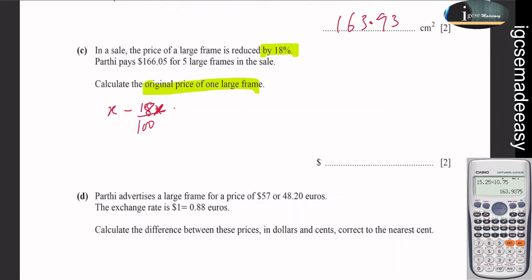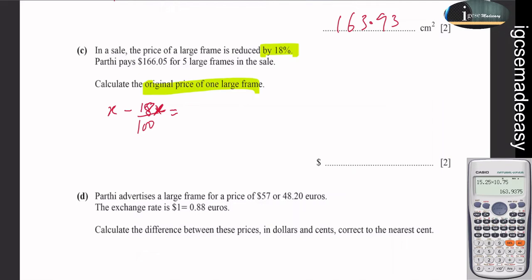Now what is the sale price actually? Let's say original price is X. So X minus 18% of the value of X is reduced. Now the price they are selling is 166.05.